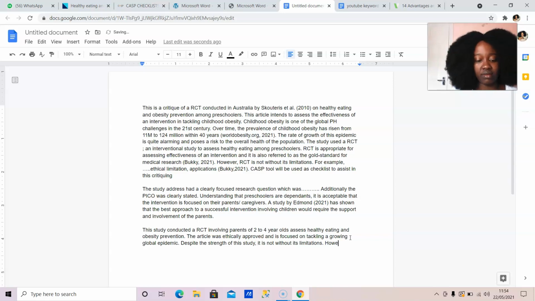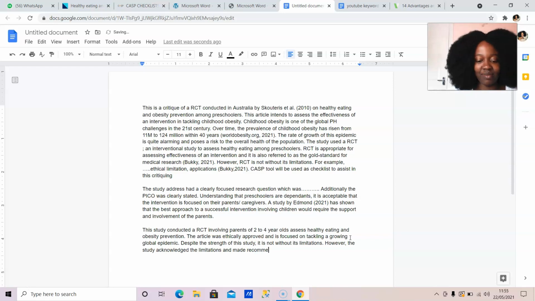However, the study acknowledged the limitations and made recommendations.